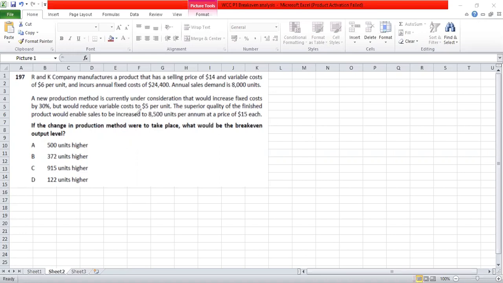If the change in the production method were to take place, there are certain changes which are mentioned because of the change in the production process. A new production method is currently under consideration that would increase fixed cost by 30%. Earlier it was only 24,400. Now that will increase by 30%. So first make the change for the fixed cost.